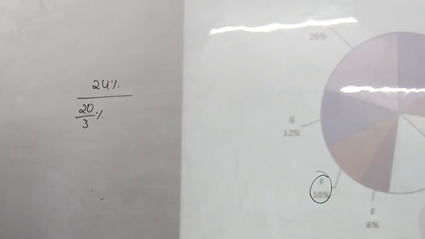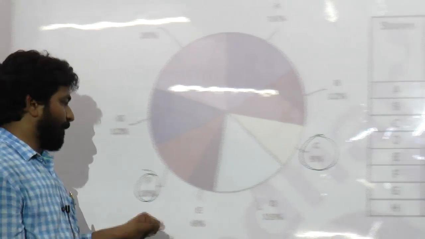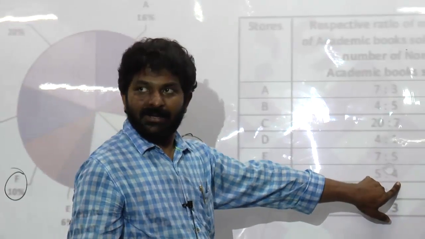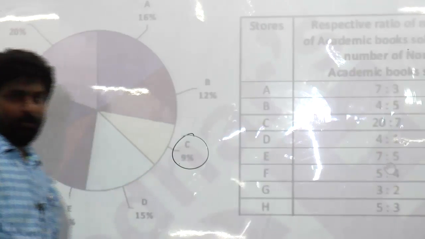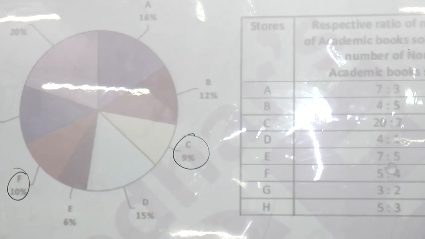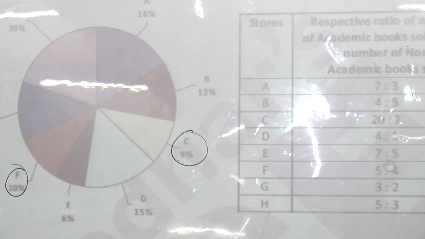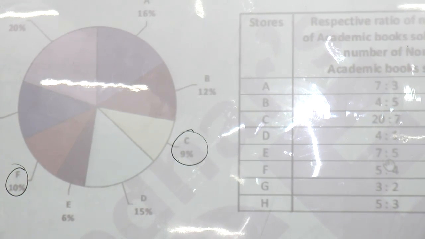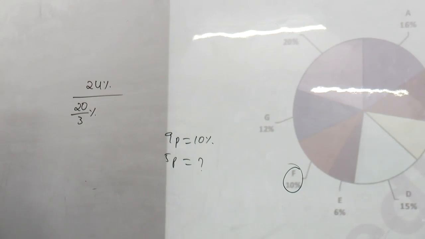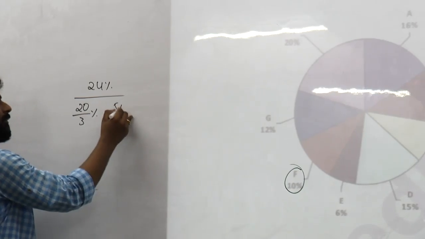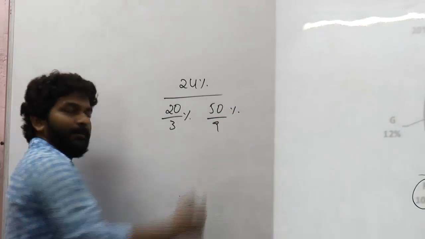And F, we have 10% here and 9 parts. And 5 parts will be equal to, if 9 parts is 10%, 5 parts is equal to how much? 50 by 9, right? 50 by 9%.